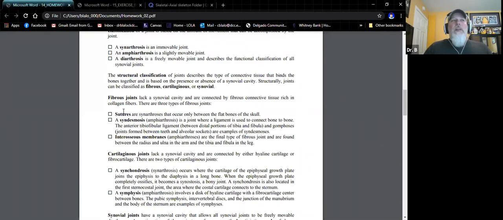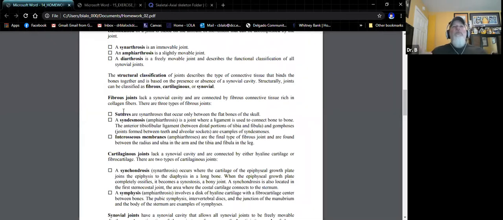This would be like what we see at the anterior tibiofibular ligament, which is found down at the distal end of the tibia and fibula, meaning that there is the possibility for some movement, but there's not going to be a lot of movement between those bones. The joints between the teeth and the alveolar socket, that's another example of a syndesmosis, where we can get movement, but it's not likely that we're going to get a lot of movement.